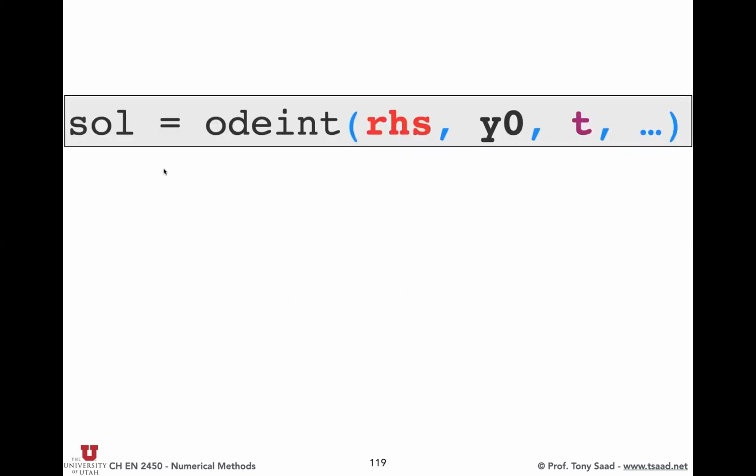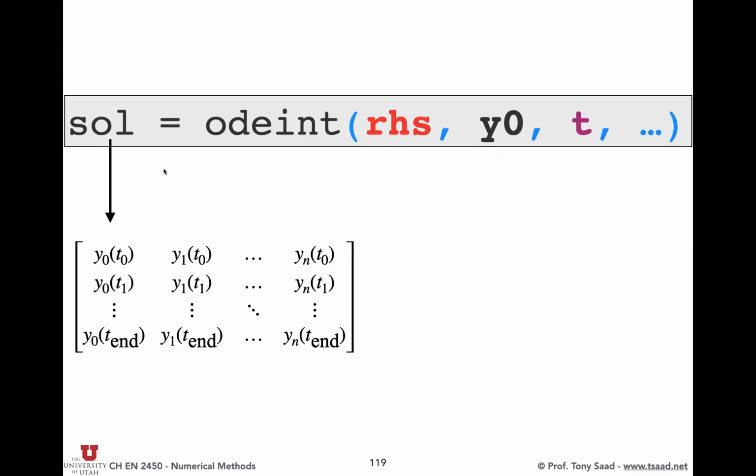All right, so next, what do we do with the solution that is returned? Last time I did this transpose thing and everyone was confused about it. So let's dig a little bit deeper into this. When you call ODE_int, it's going to return what we can think of as a matrix of solutions. The first column in this matrix contains the solution of the first dependent variable, y0, at all the times that we were interested in, all the way from t0 to tn.